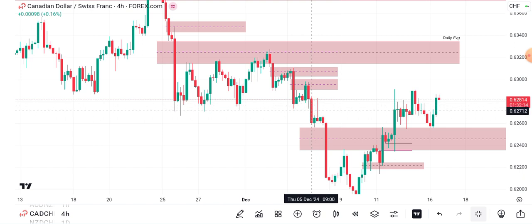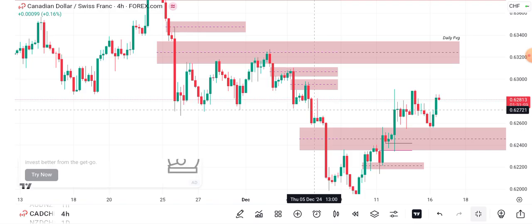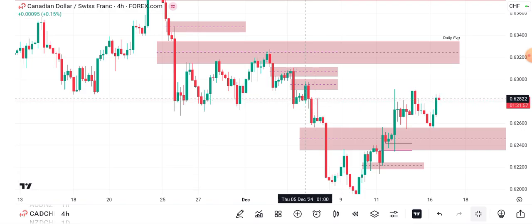You can also see here that there is a small fair value gap formed, and then there was this break of market structure here also, and then this candle that whipped higher, in fact, went and touched this bullish candle, which of course we can call an order block.